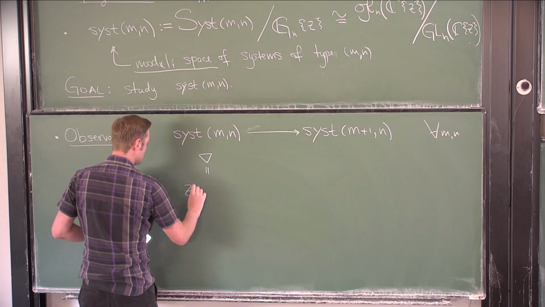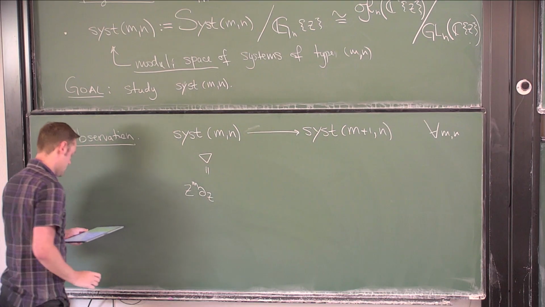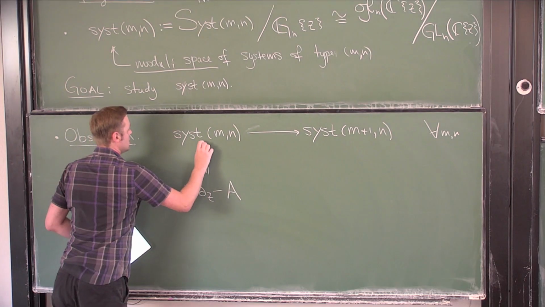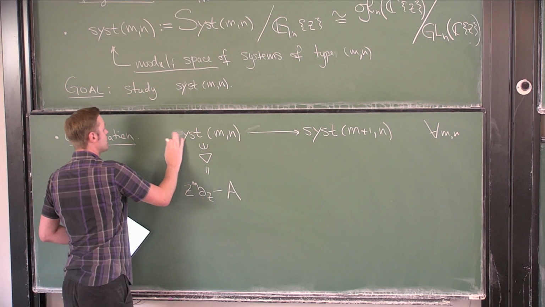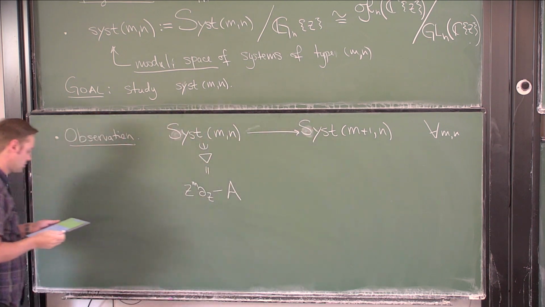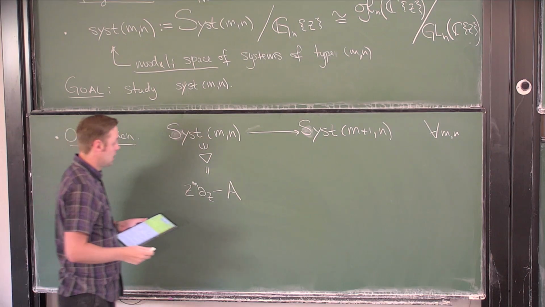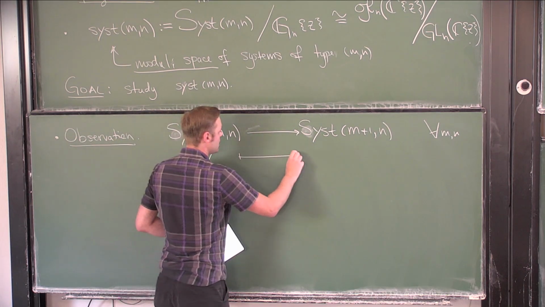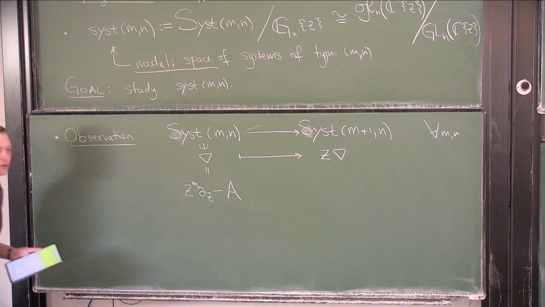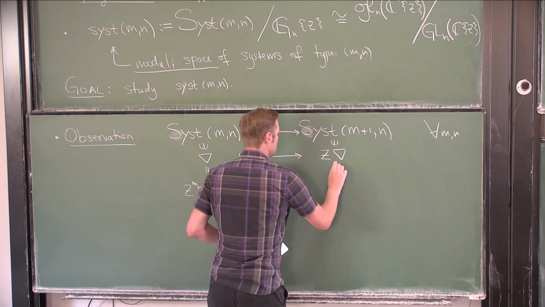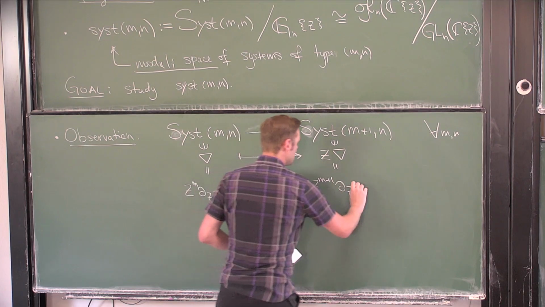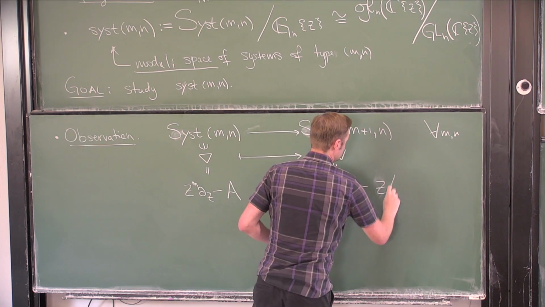So if I have a system which looks like z^m del z minus a, so that's a, I can map this guy to what I could call z times del. So this is just z^(m+1) del z minus z times a.